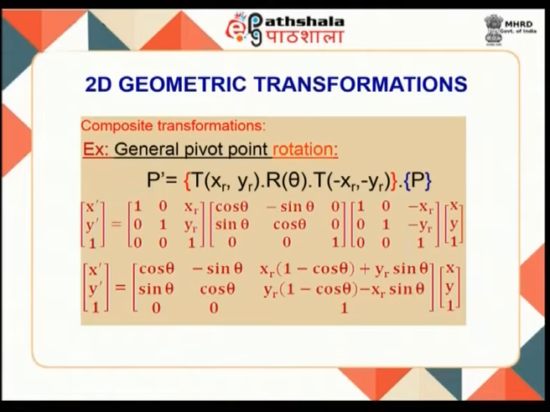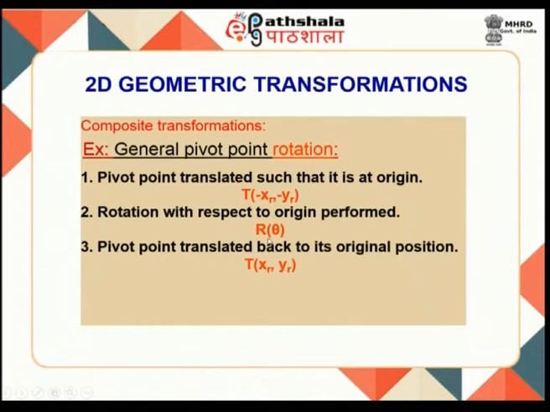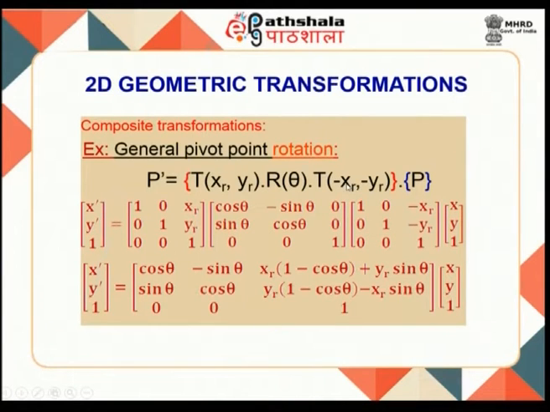If these three are written in notation form, you see this equation here: the new position of the point after rotating an object about a general point in space is given by translation x r, y r, multiplied with rotation by an angle theta, multiplied with translation minus x r, minus y r. You must observe that the steps were in the order 1, 2, 3, but here they are written in the reverse order. You should note that carefully.